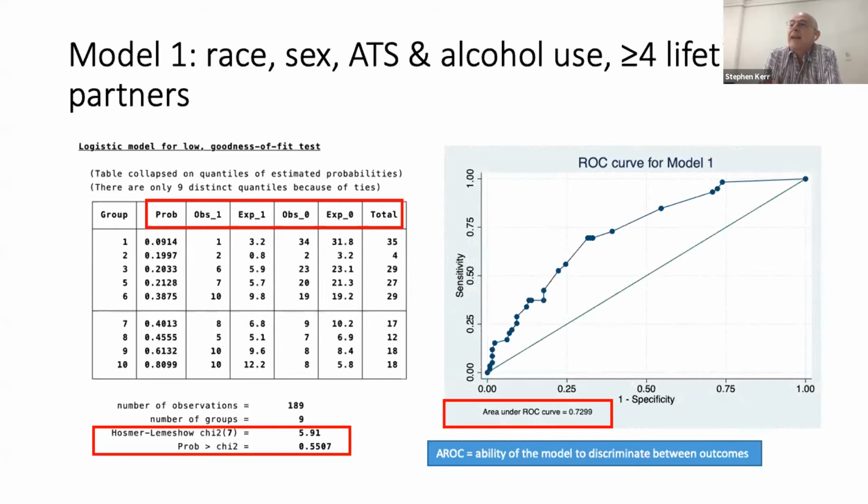We can then generate an ROC curve for the model, and we see the area under the ROC curve is 0.73. Now, the area under the ROC curve is the ability of the model to discriminate between outcomes. So if we picked randomly a person out of our data set and applied our model, based on our model, we'd have 73% chance of correctly classifying them as to whether they had an STI or not.